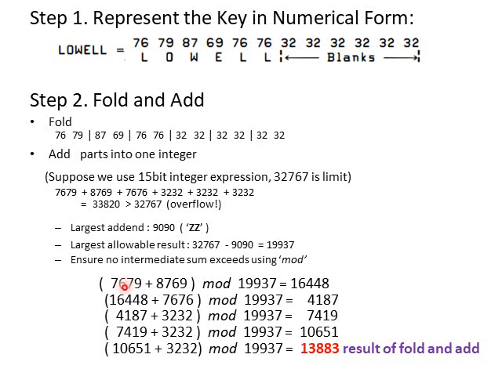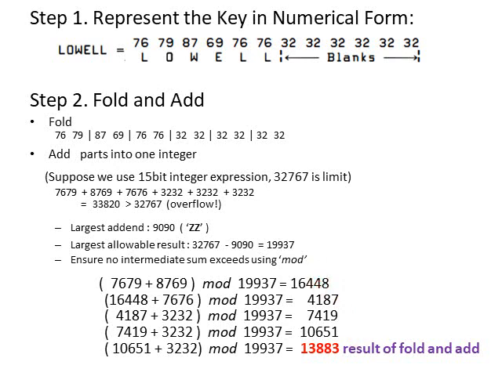I'll select the first two characters' ASCII values, which are folded, 7679 plus 8769, right? For that result I'm going to mod it with 19937 so that I can get a result which is less than 32767, right?